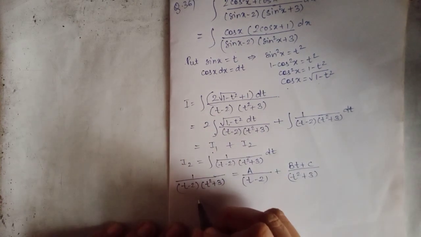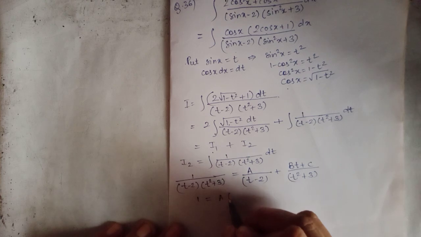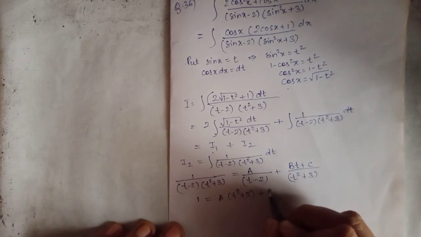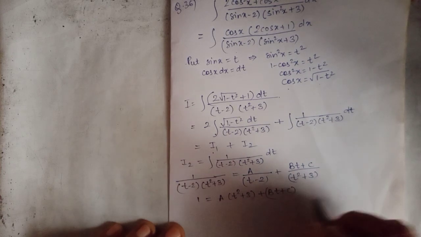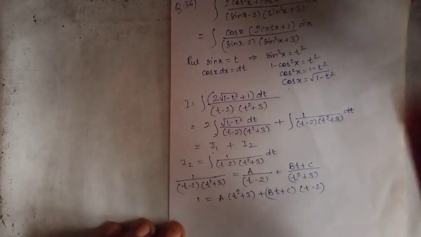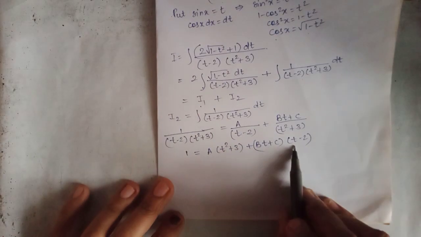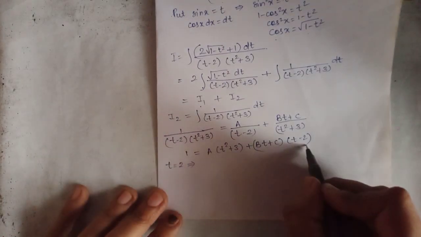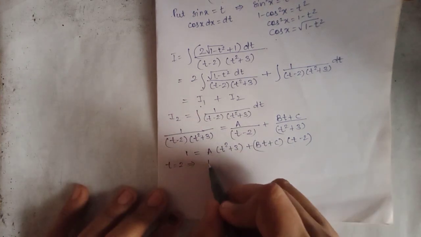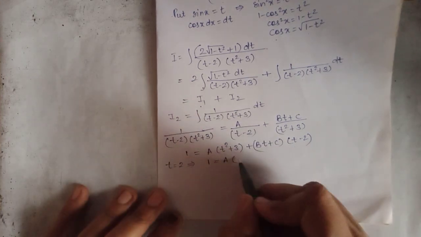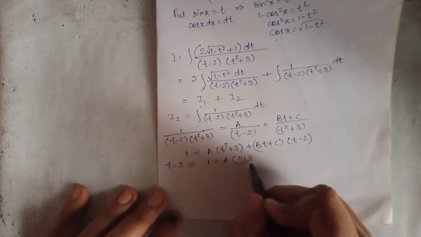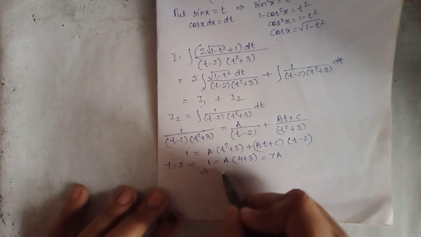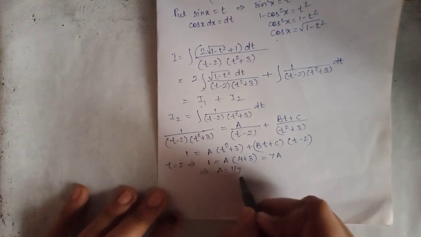So 1 equals a(t square plus 3) plus (bt plus c)(t minus 2). If we substitute t equal to 2, the second term becomes 0. So 1 equals a times (4 plus 3), which is 7a, so a is equal to 1 by 7.